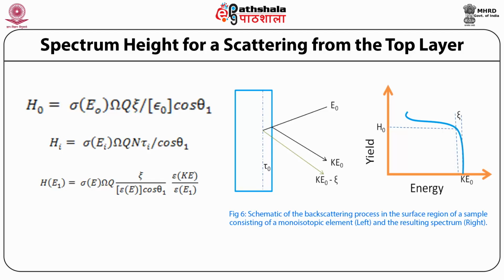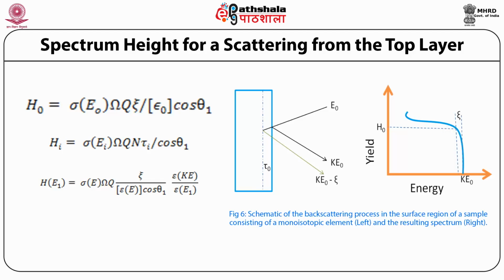H, the function of E1, can be written as sigma(E, omega, q, zeta) divided by epsilon, which is a function of E cos theta 1 multiplied by epsilon(KE); epsilon is a function of kinetic energy KE divided by epsilon, a function of E1.